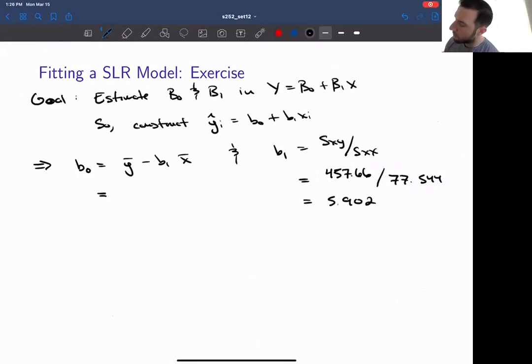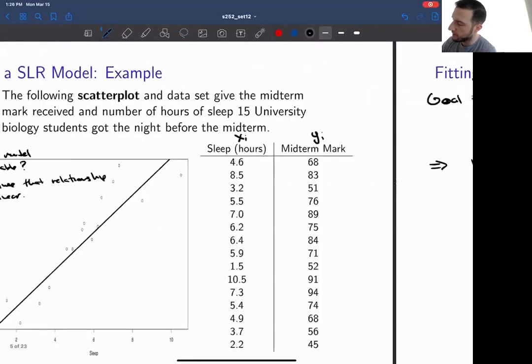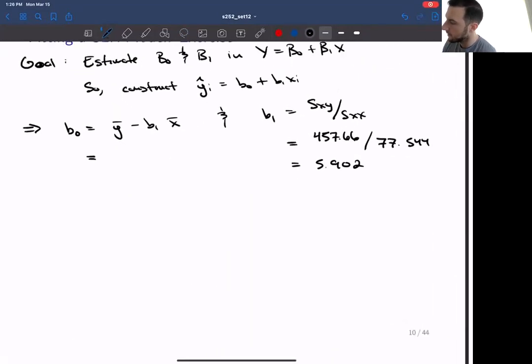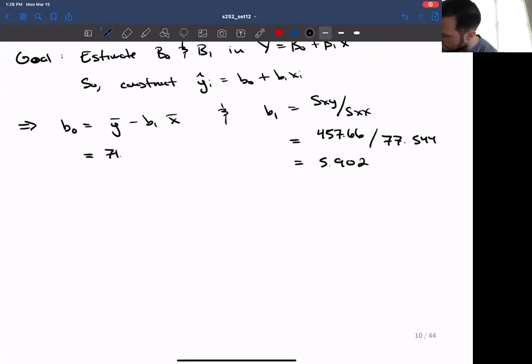Now we can do B0. This is going to be y bar, which is 71.8, minus 5.902 multiplied by 5.52.